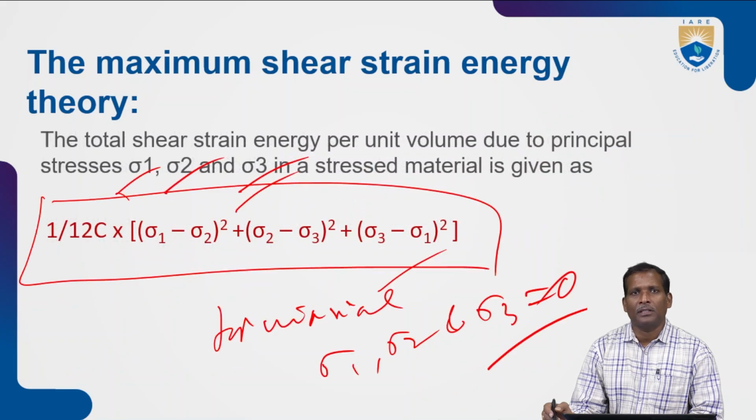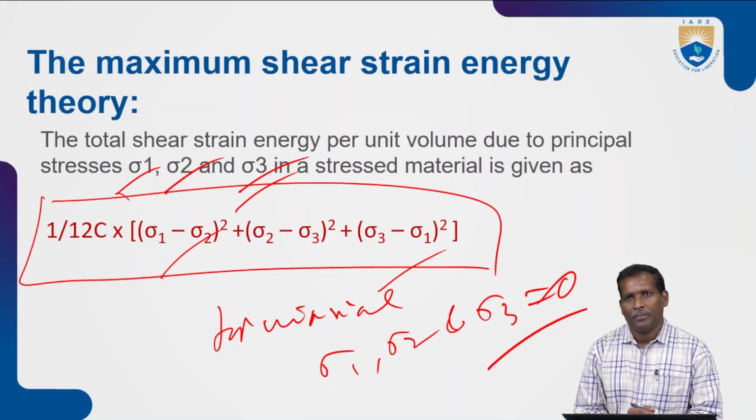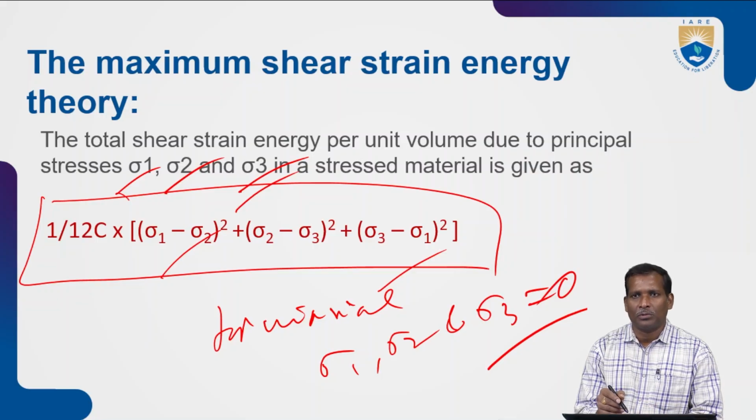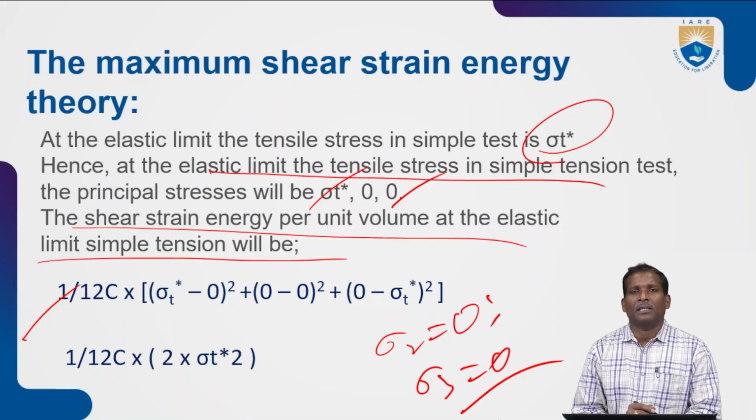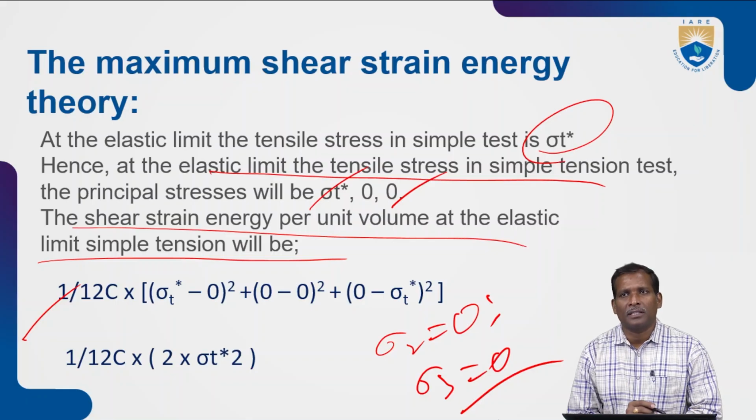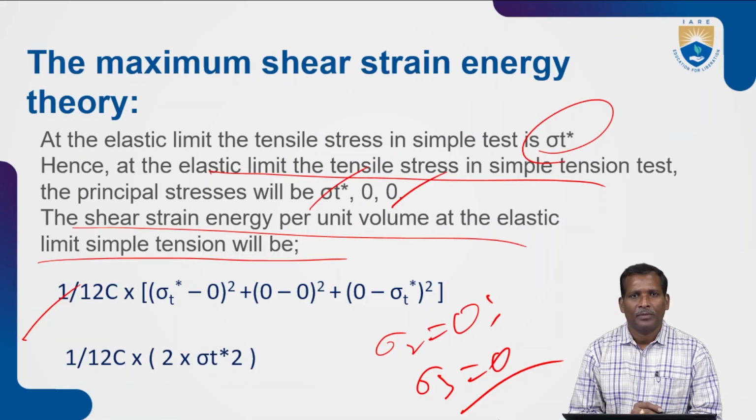In the equation, 1 by 12C into sigma 1 minus sigma 2 whole square plus sigma 2 minus sigma 3 whole square plus sigma 3 minus sigma 1 whole square. In this case, sigma 2 and sigma 3 are 0, at the elastic limit tensile stress in the simple tension test. Clear?